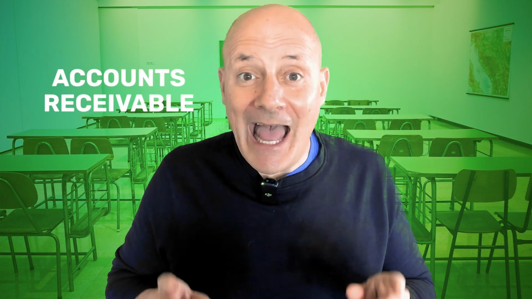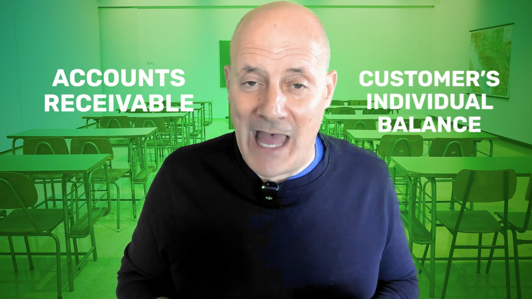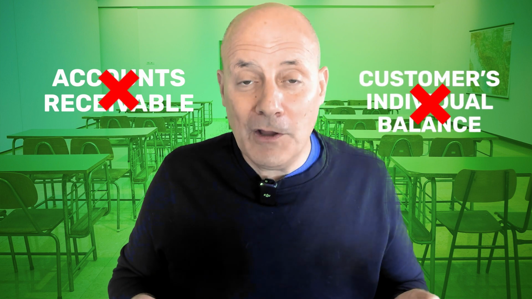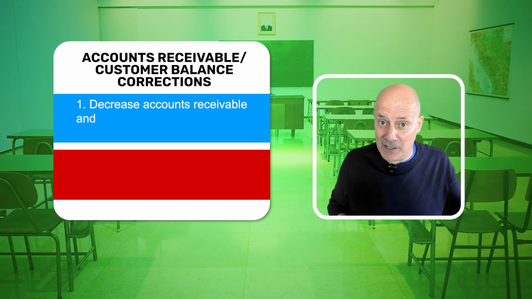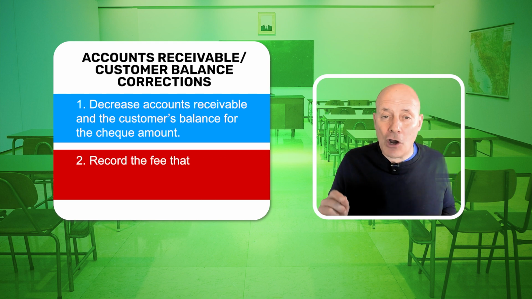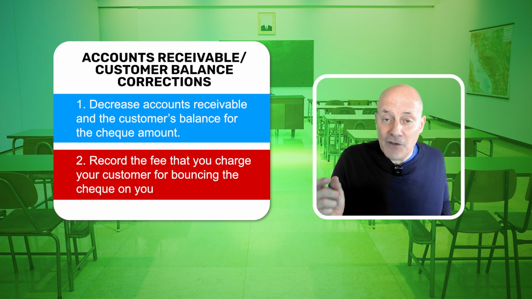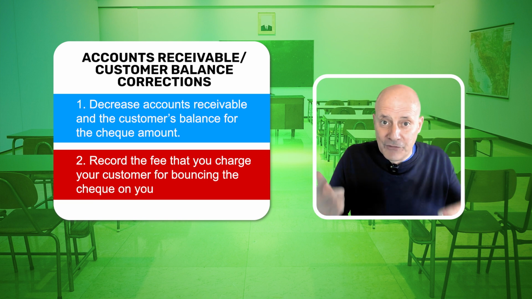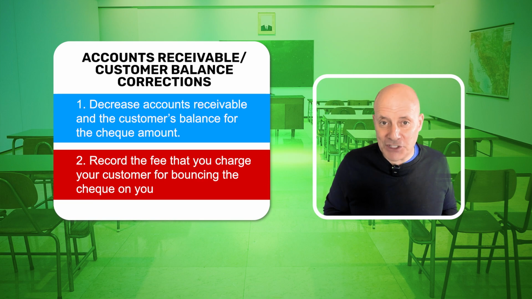And secondly, your accounts receivable and customer's individual balance are both wrong because you lowered their balances because you thought the check was good. Both of them have to be fixed, and on top of that, you actually have to charge your customer a fee for the service of what you're going through to manage this bounced check.